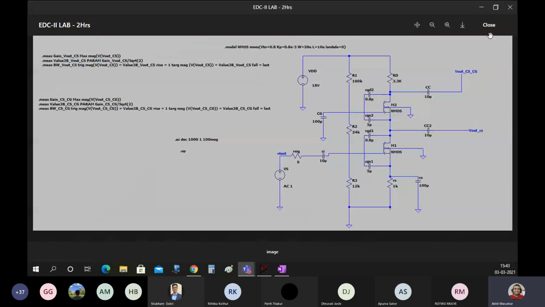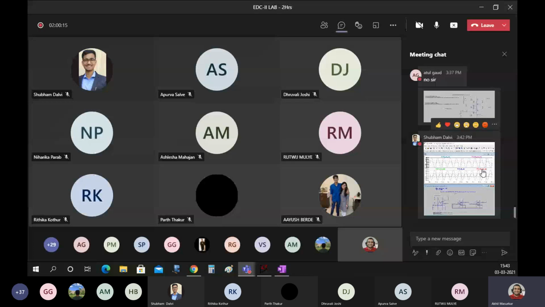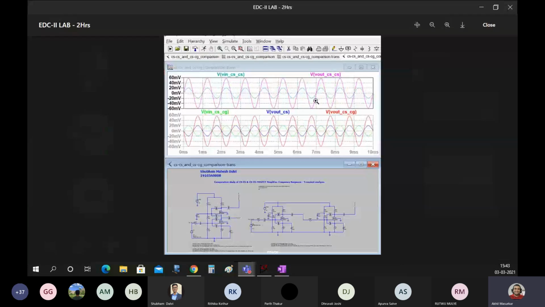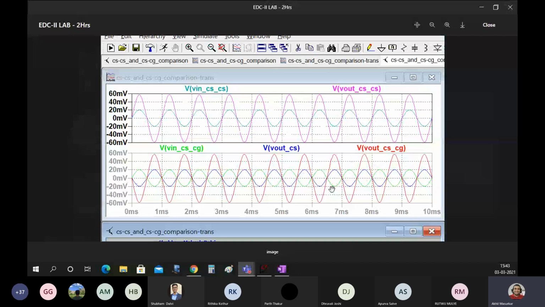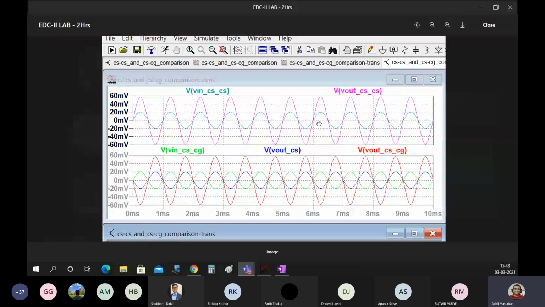Okay, so this is the dot tran, correct. You can see Shubham's output where input and output are in phase for CSCS, and for CSCG they are 180 degrees out of phase. But phase is alright.